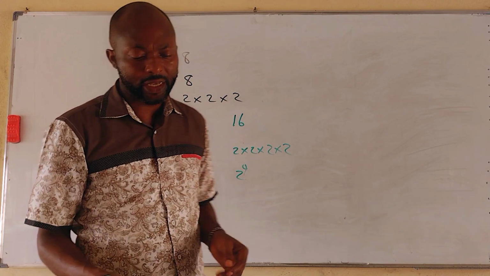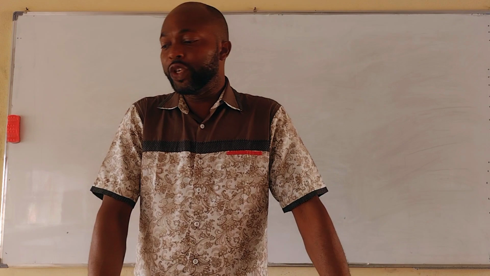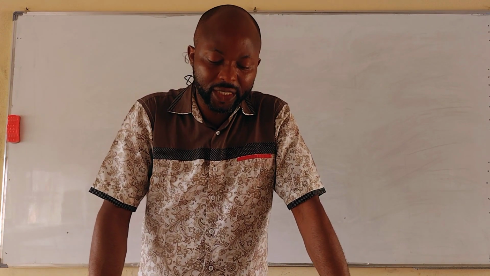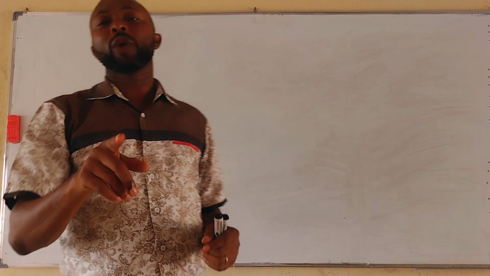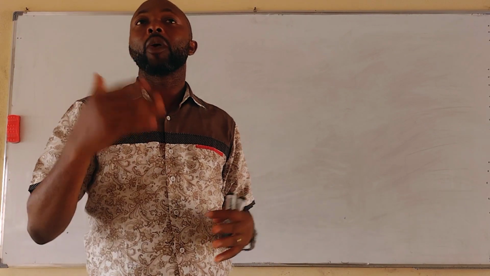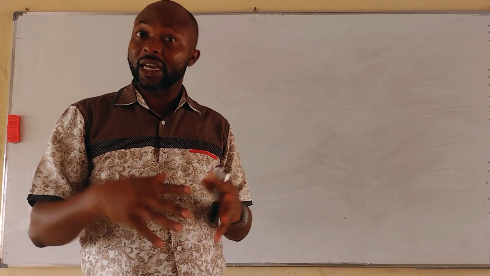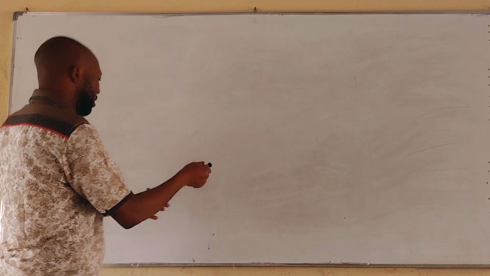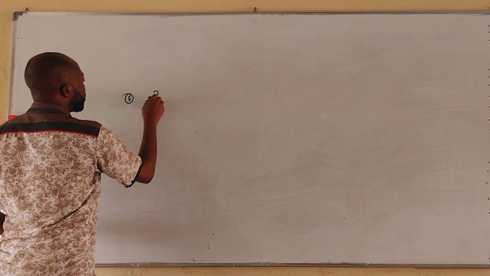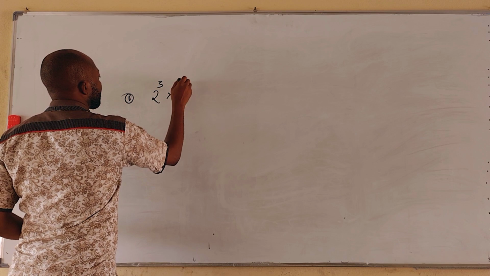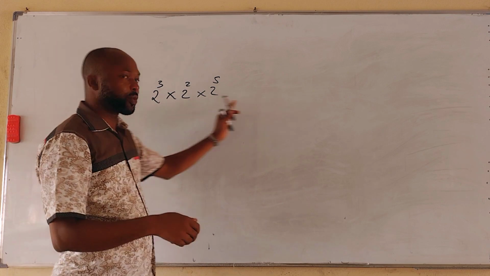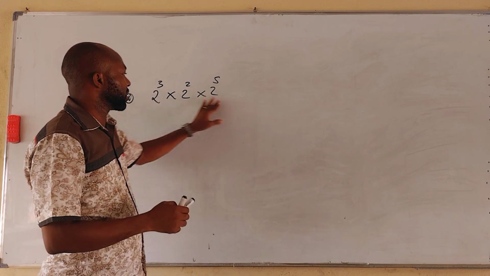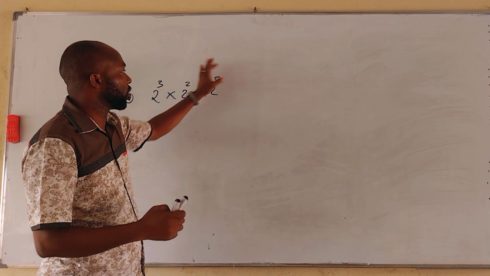But most importantly, we have certain laws which we use to govern these indices. The first one is the multiplication law of indices. The multiplication law of indices states that when numbers with equal bases are multiplied, the powers are added. Let's take, for example, 1: 2 raised to the power 3 times 2 raised to the power 2 times 2 raised to the power 5. Now, these are the bases of the numbers, and these are their index or power.